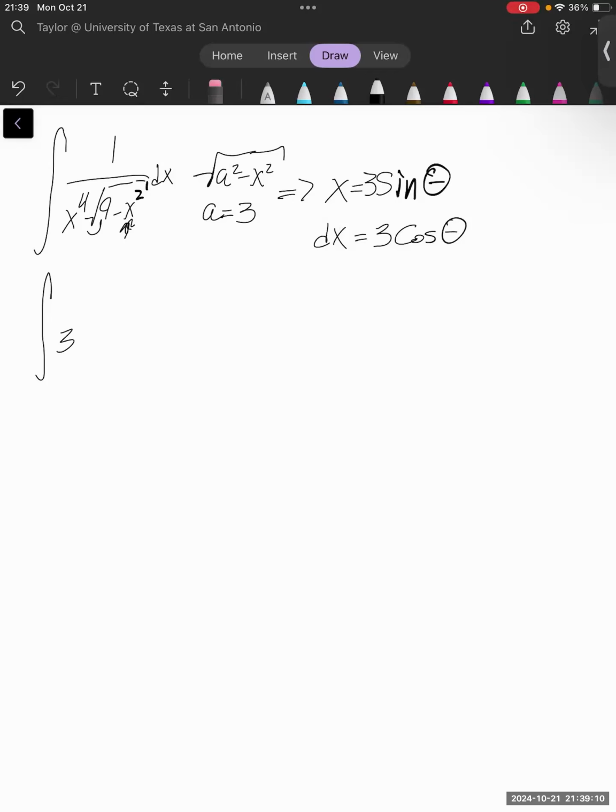So this is really 3x to the 4th square root 1 minus sine squared theta. I'll substitute the x in a second. I just wanted to emphasize this is where that came from. We already factored out that 9.